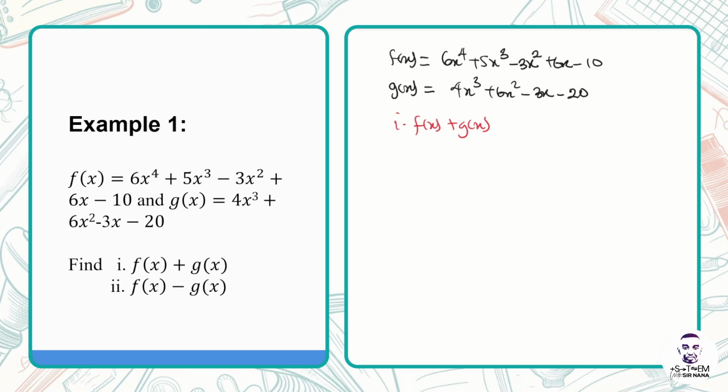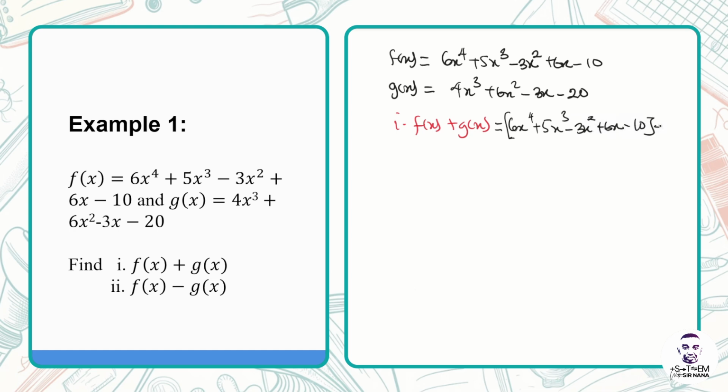Right, so it means that f of x plus g of x will be equal to 6x, let's put this into brackets, raised to the power 4 plus 5x cubed minus 3x squared plus 6x minus 10.